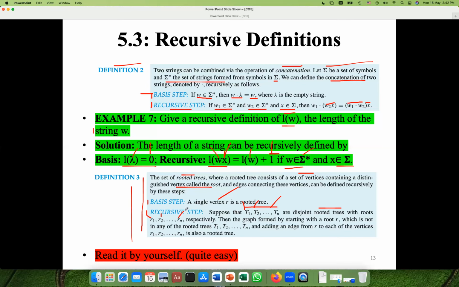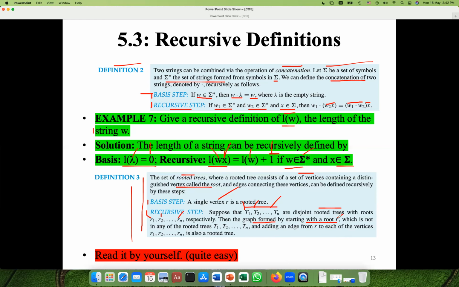If this is the situation, and now we want to make a graph starting with the root R. Now we have another single node, which we are calling R, which is not in any of the rooted trees.